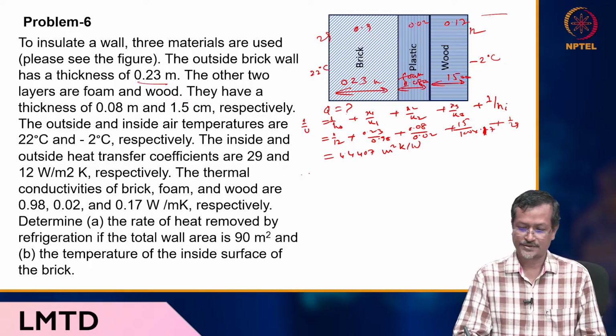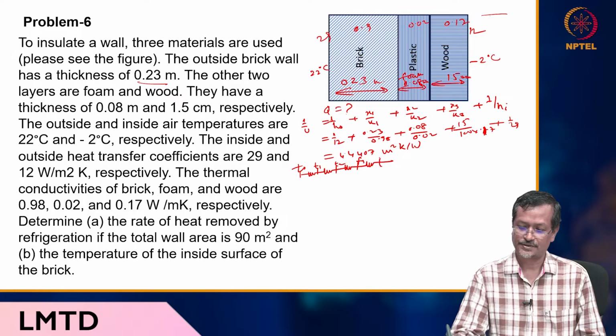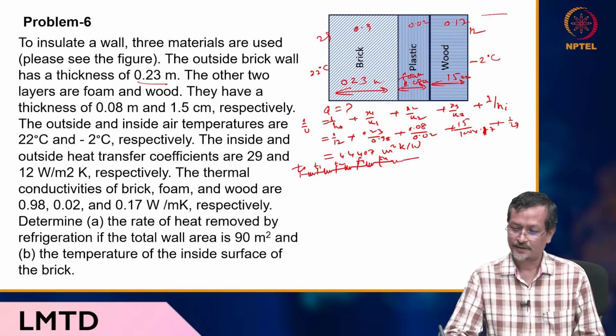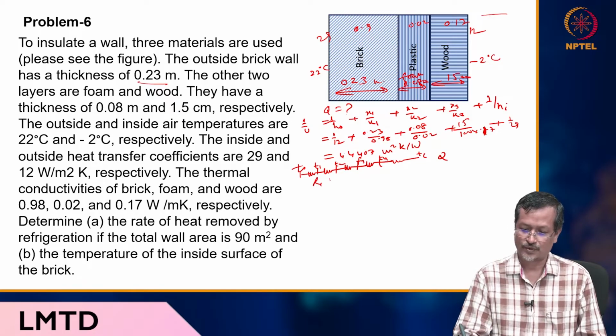You can see this heat transfer electrical analogy: TO, T1, T2, T3, T4, Ti, heat transfer rate Q, and resistances R1, R2, R3, R4, R5.